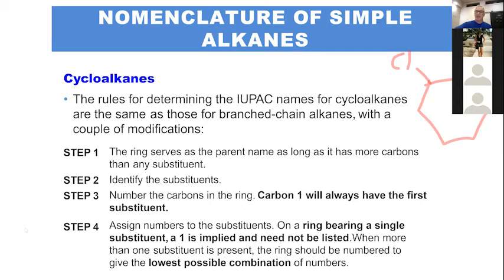Now, if I put a second one, there's carbon 1, 2, 3, 4. Oh, actually I made heptane, but I got it. So just like we would with a straight chain, we use the smallest numbers we possibly can.